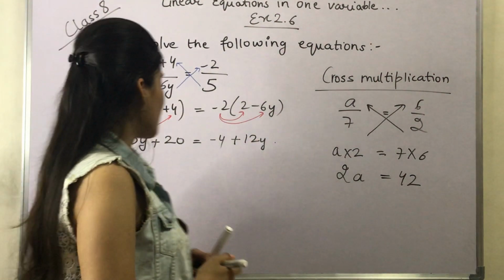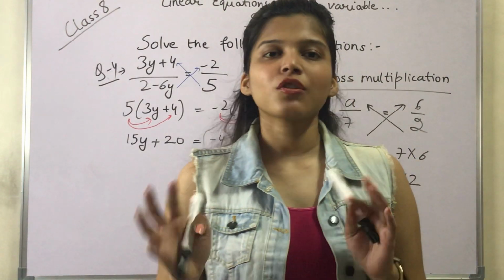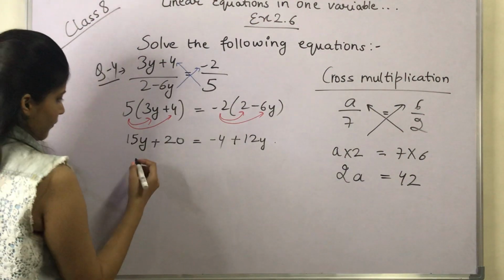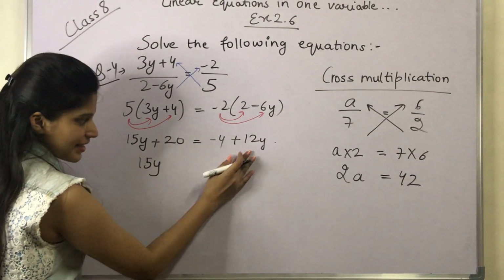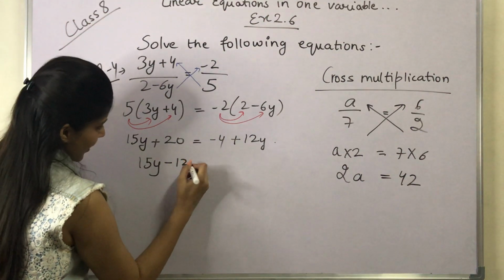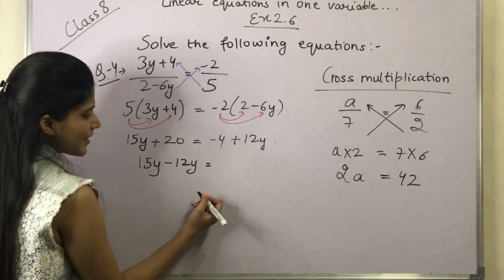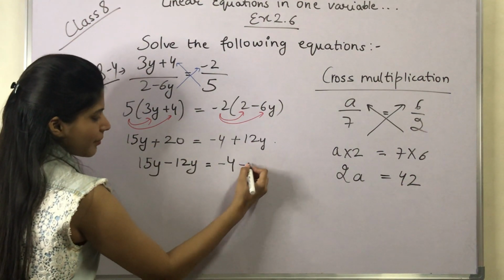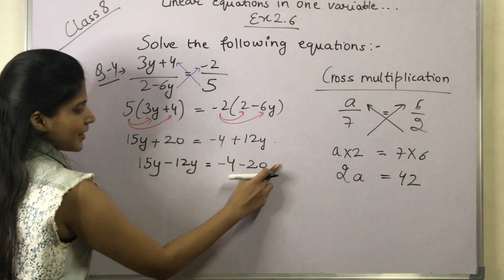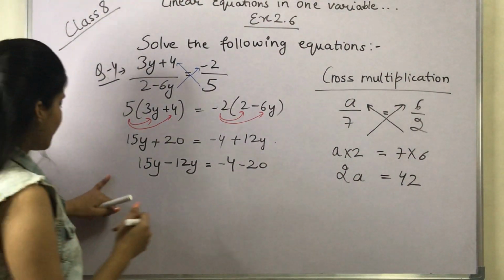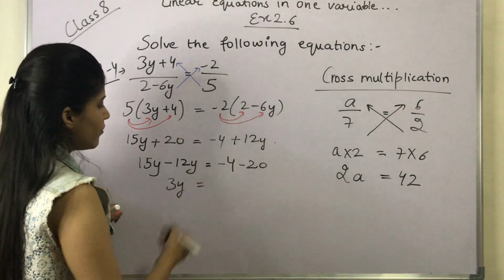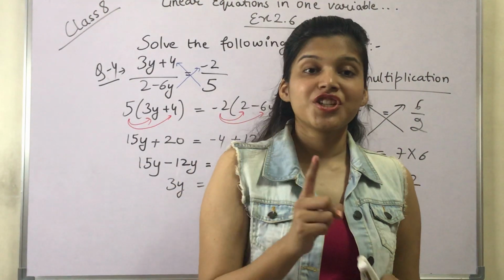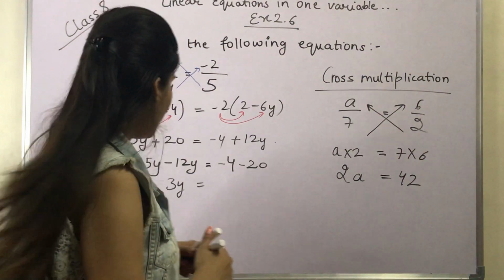Now we will transpose variable terms on one side and constant terms on the other. So 15y will remain as it is, 12y will become minus 12y, equals minus 4 will remain as it is, and positive 20 will become minus 20. Now 15y minus 12y is 3y, and minus 4 minus 20: minus minus digits add, but the sign is minus.